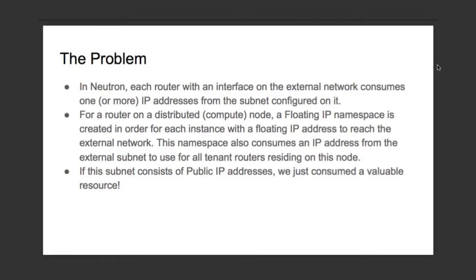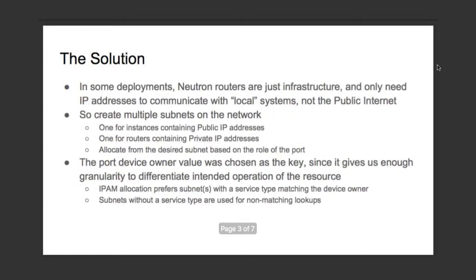Also, in the case of a router that's living on a compute node, the floating IP namespace is created, and you can also have consumption of public IP addresses for that purpose. So if we can cut out the number of public IP addresses you need for both of those cases, then we're helping you to conserve valuable resources.